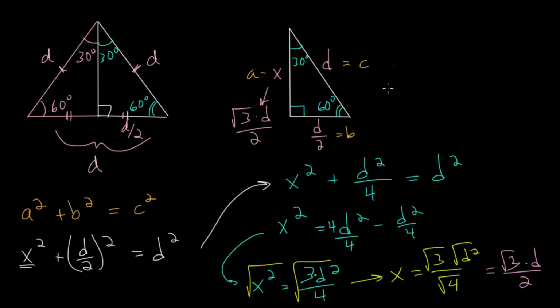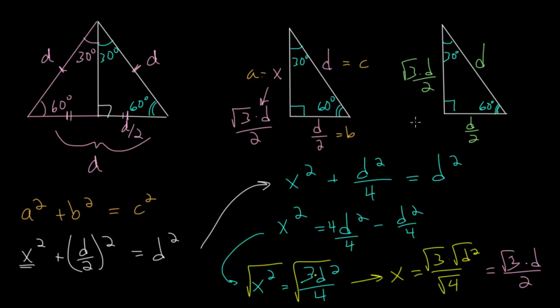So let me just draw a picture again where it's a little bit cleaner looking. So if we call the long side of this triangle D, or whatever letter we want, then the shortest side, the one opposite the 30-degree angle, is half that hypotenuse. And what we found is that this remaining side that's opposite the 60-degree angle is we take the short side and we multiply it by the square root of 3.